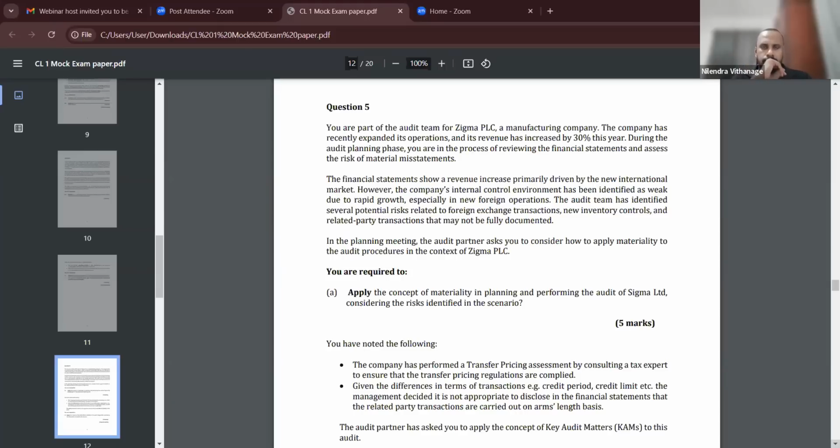Next one, periodic rotation of audit partners and audit team members.